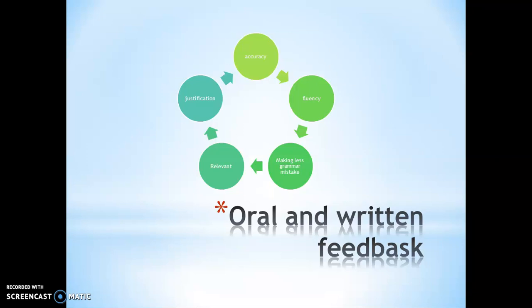In order to be relevant, we should show the justification with proof, with examples. For example, someone is talking about a past event but using the present simple. To justify this, the time is past, so it means that you should use this tense, in order to provide full accuracy and full fluency in English language learning.